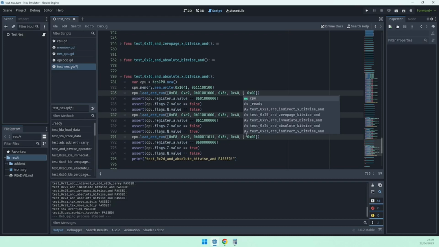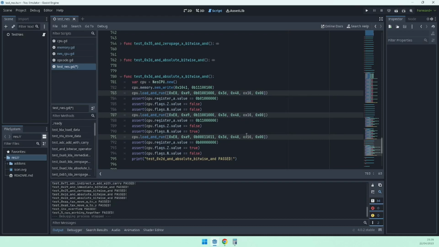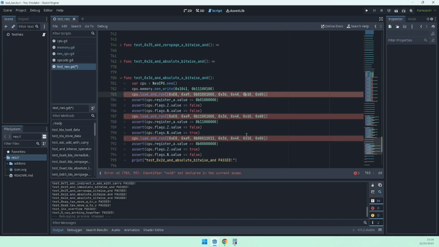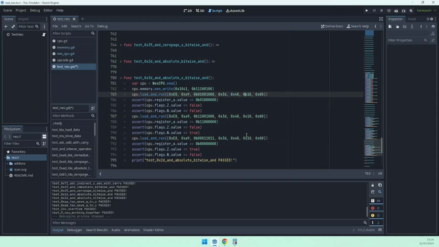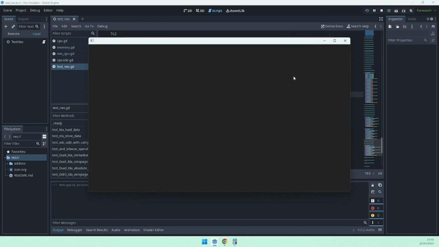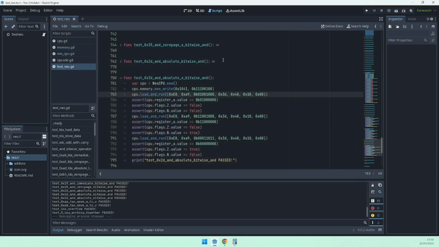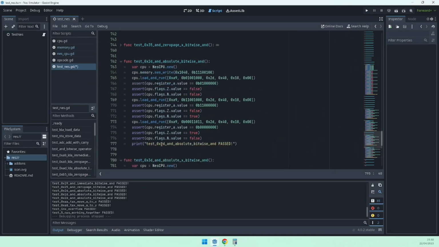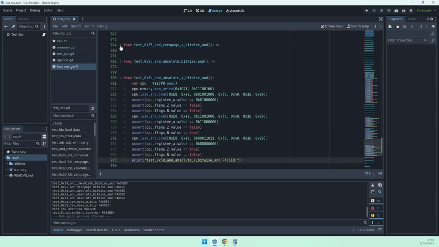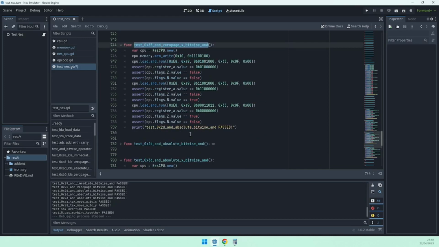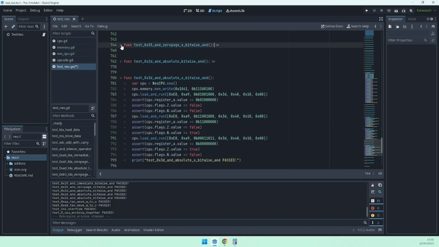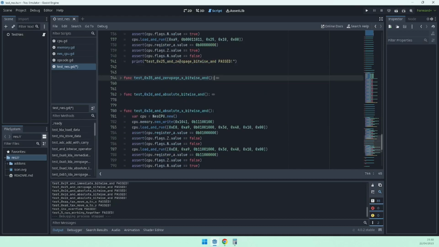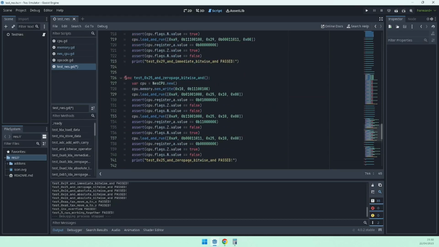The second one is 0x10, and this is because of little endianness, of course. And in theory this should be already working. Let's give it a try. And it passes. Let's fix this print for a moment. This is correct, and this is not correct. Okay, and I think that's all.